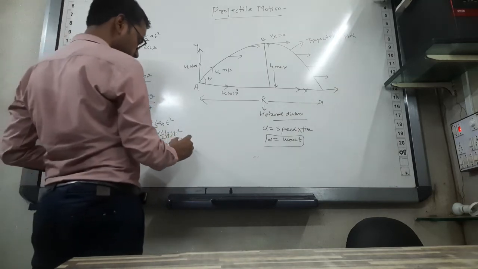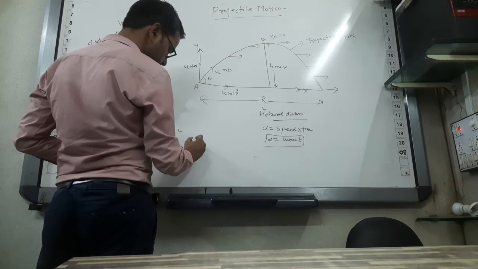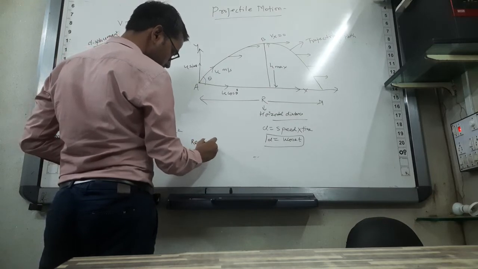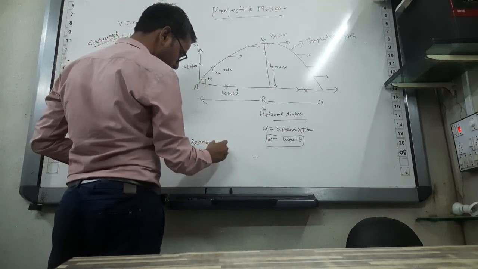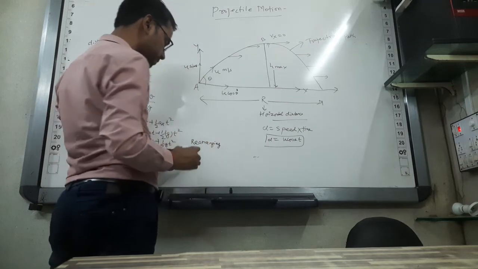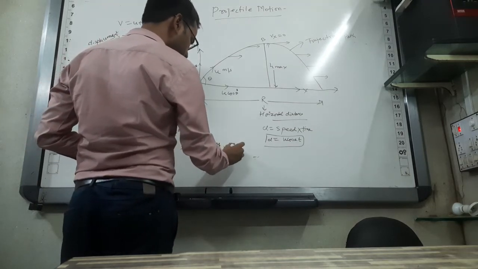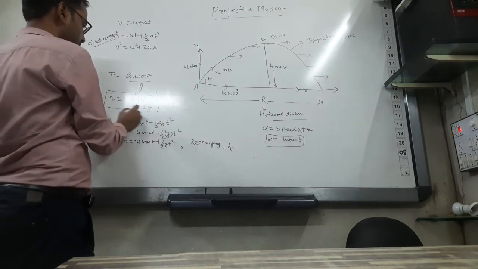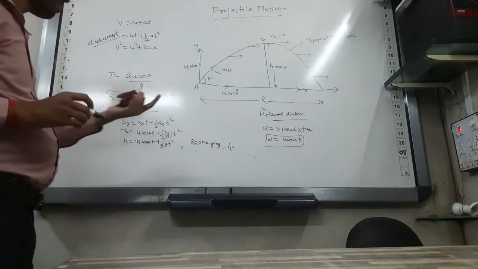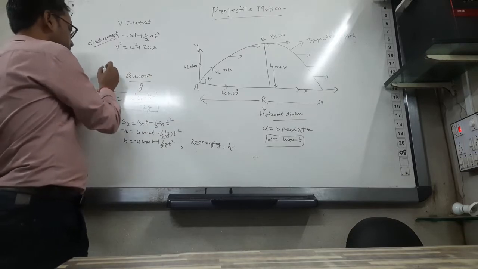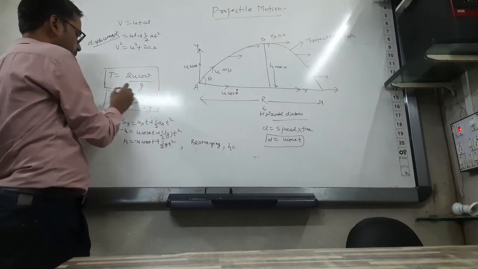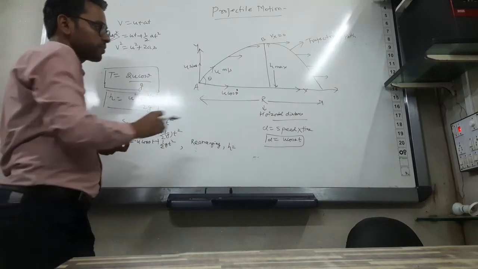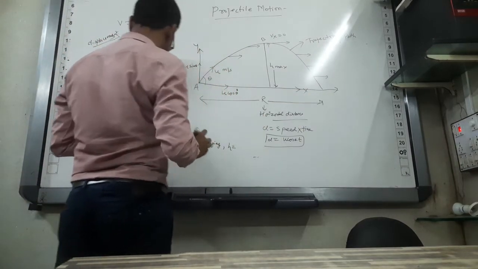So after rearranging, we get h equal to this expression. This one is known as the height attained by the object in projectile motion. This one is known as the time taken by the object to travel this distance, that is, the range.